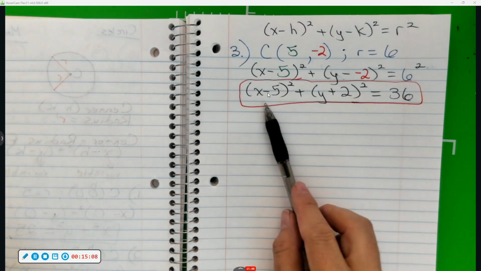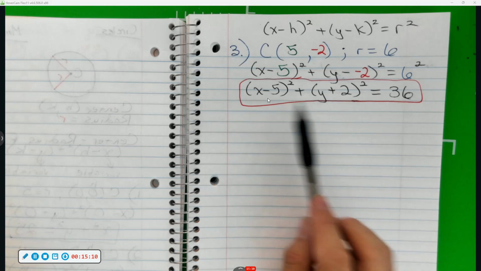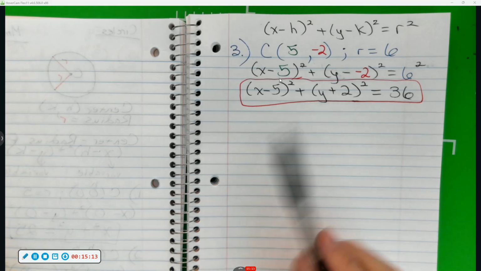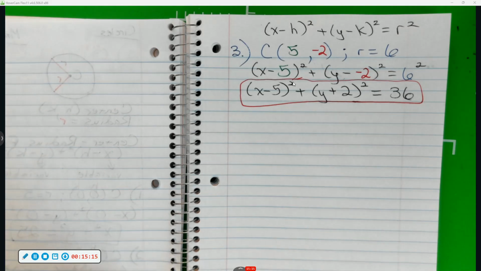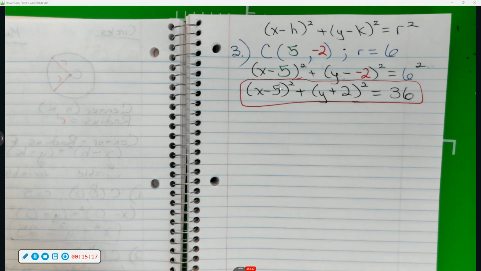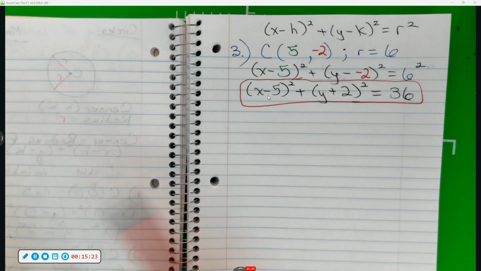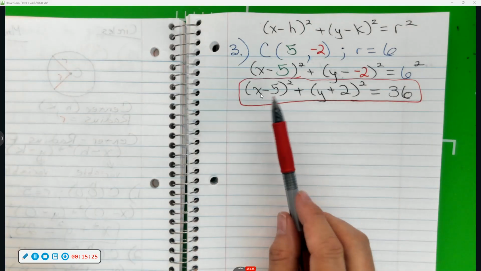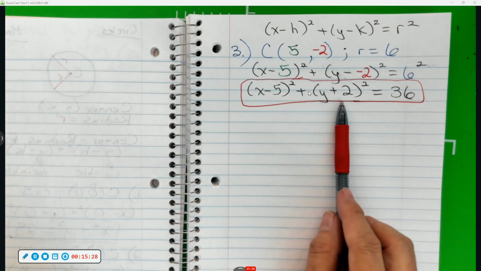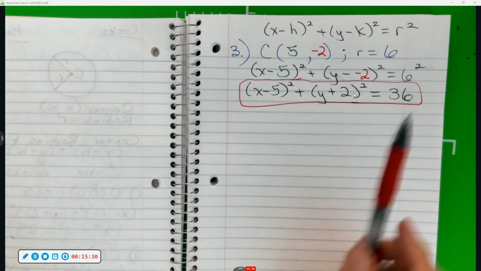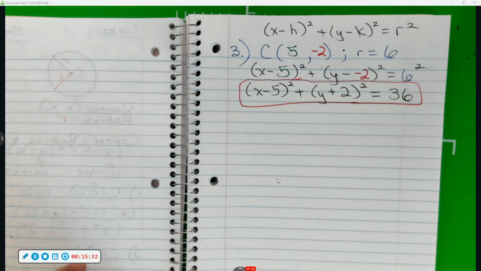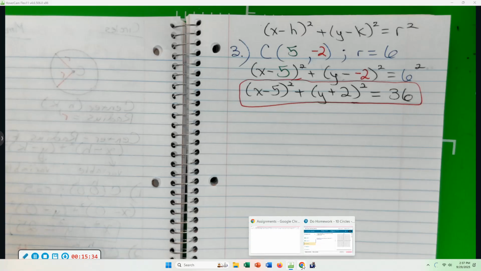You don't just square the x and square the 5. You write the binomial times itself, x minus 5 times x minus 5 and FOIL, y plus 2 times y plus 2 and FOIL. Generally, that is never a good idea to expand those things.